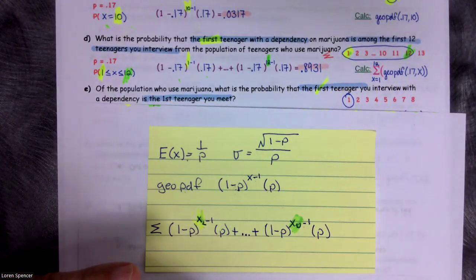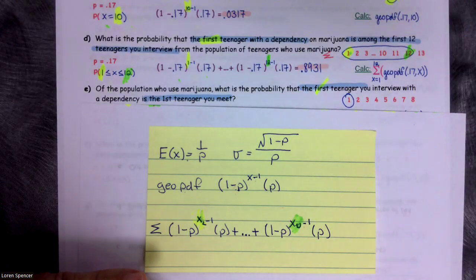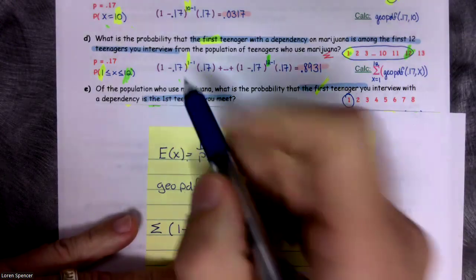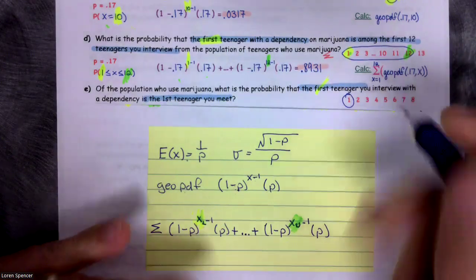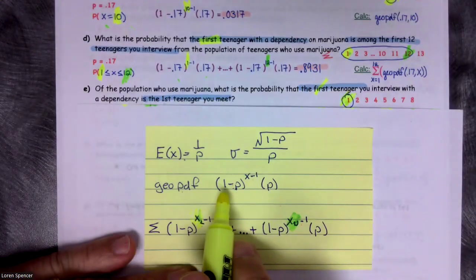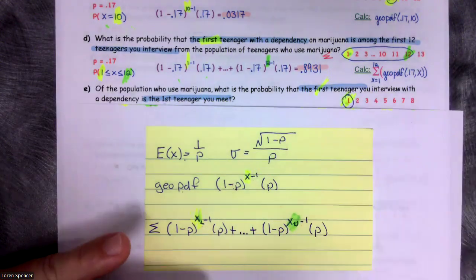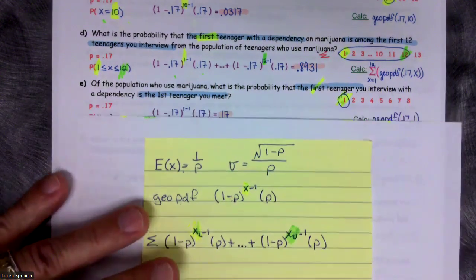When I see that, it tells me it's a binomial. I see the word first. This tells me it's a geometric. You interview until the first teenager with a dependency. So we want to know the probability it's the first one. This formula, but this X right here is going to be just a plain old 1.